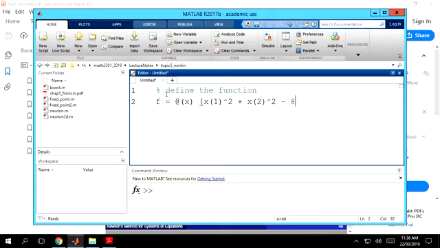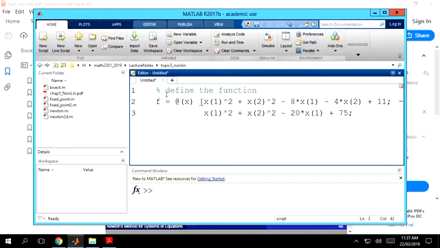Minus 4 x1 minus 4 x2 plus 11, yeah? And my second equation will be x1 square plus x2 square minus 20 times x1 plus 75, okay?